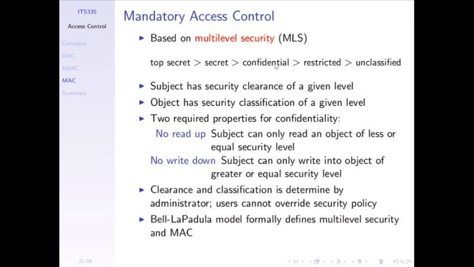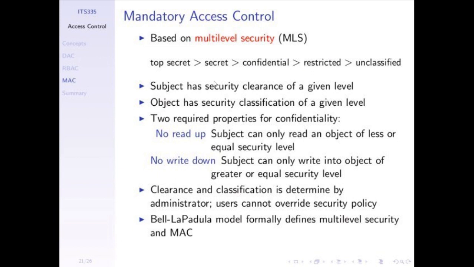For example, if a person is classified as confidential, he can read the files of a person classified as restricted or unclassified. Similarly, a person classified as secret can read the files of a person classified as confidential or a person classified as restricted.